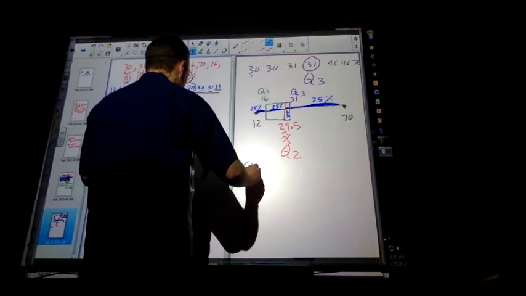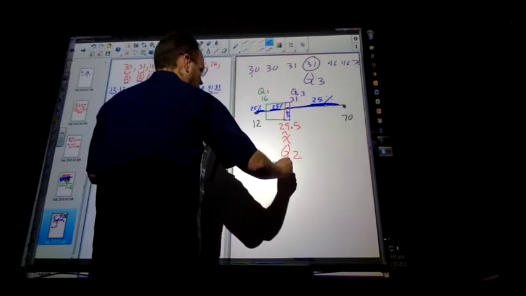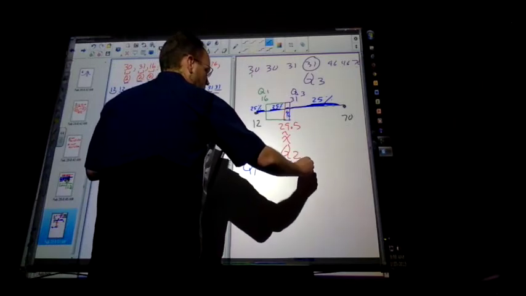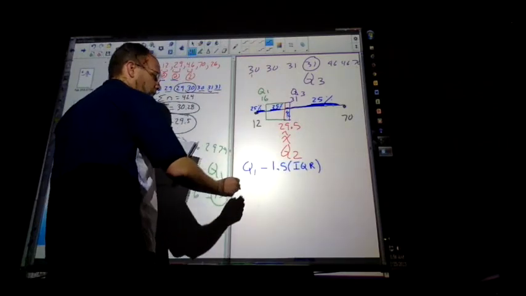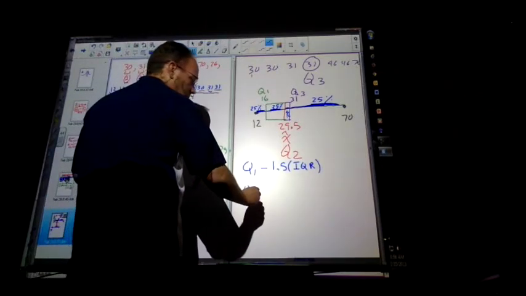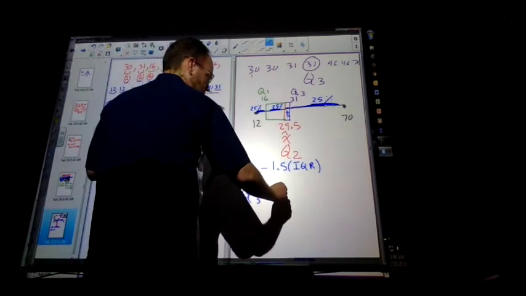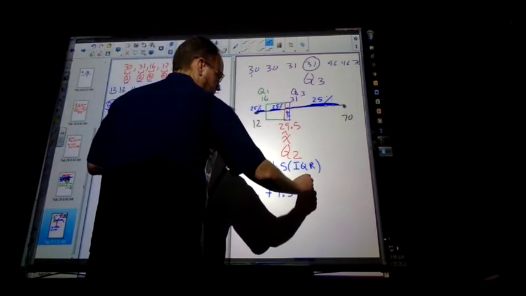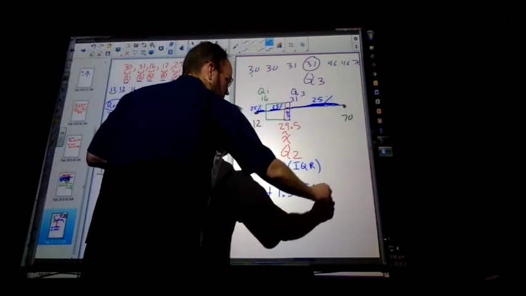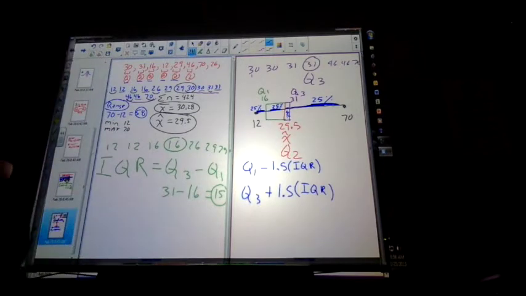So I have Q1 minus 1.5 times the IQR. And that's to the left. And if I want to find the outlier to the right, okay.